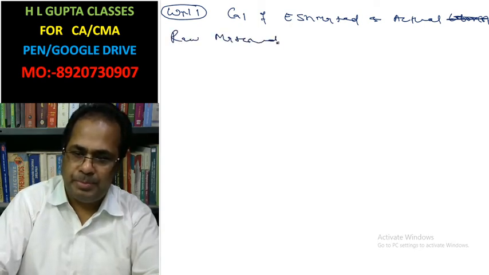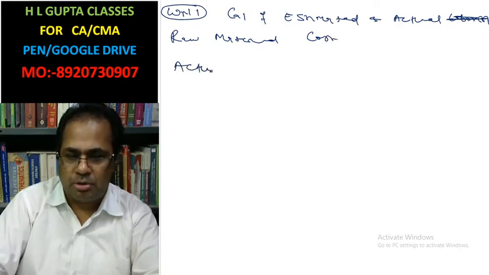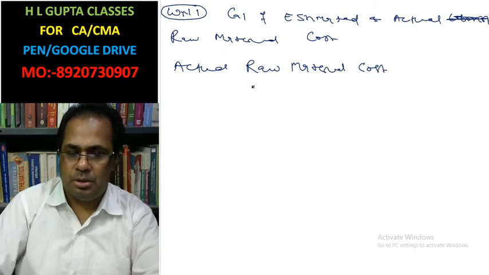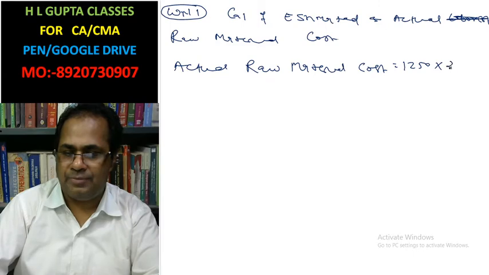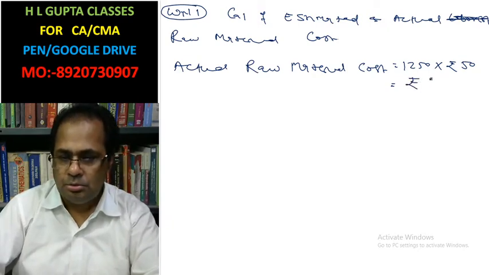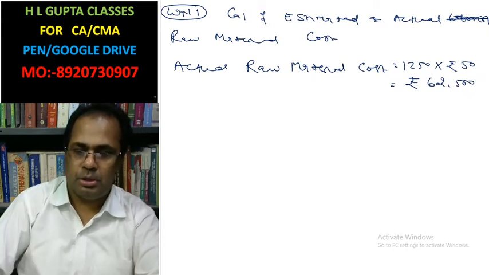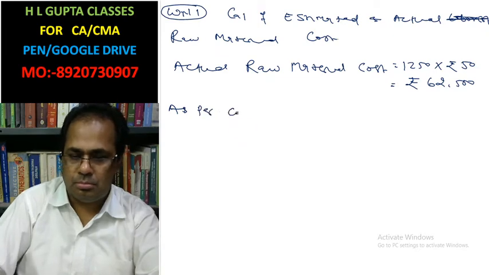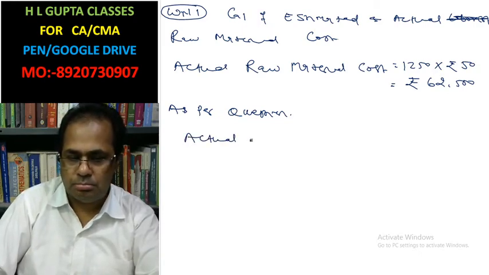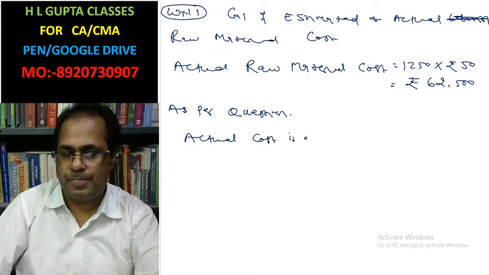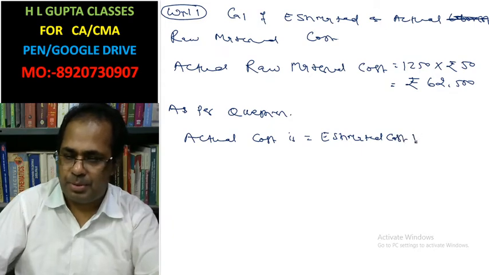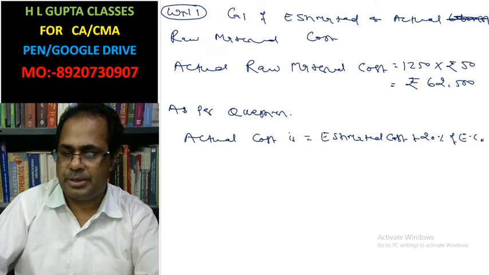Actual raw material cost equals 1,250 multiplied by rupees 50, which is 62,500, as per the question. Per the question, actual cost is estimated cost plus 20% of estimated cost.